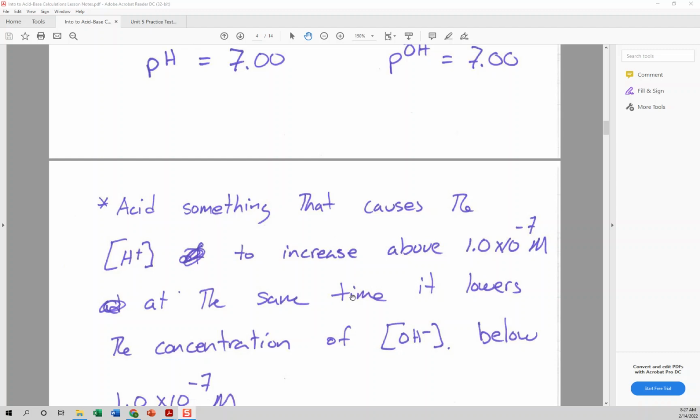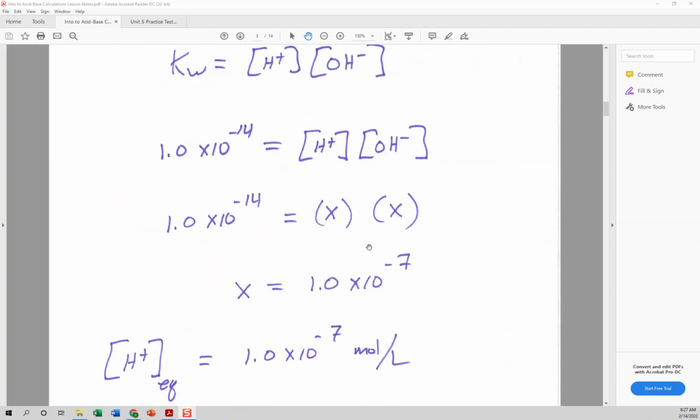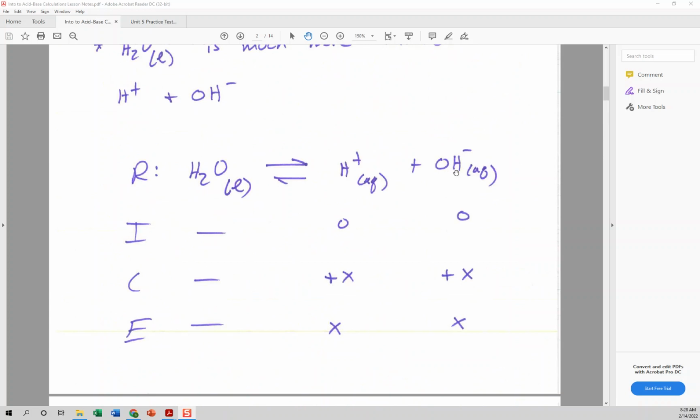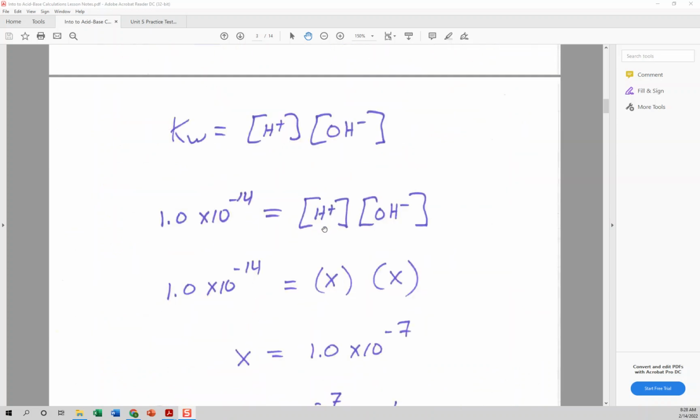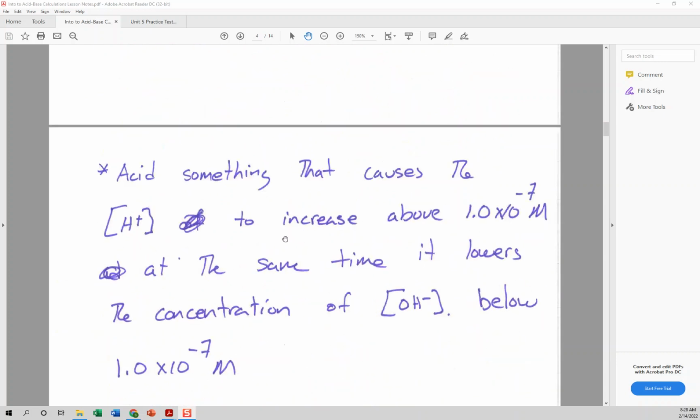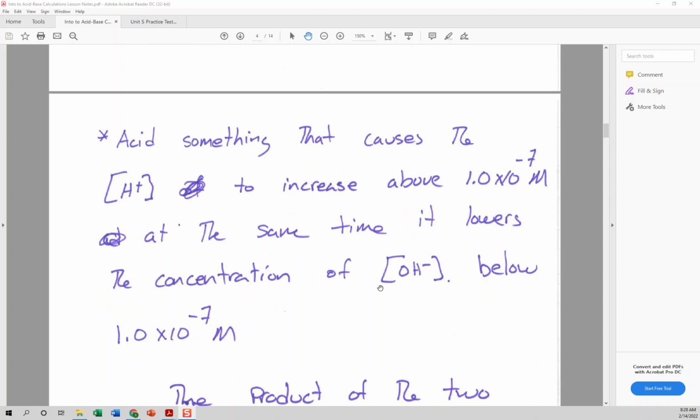But understand, in pure water, this reaction always has to reach an equilibrium. So now we have to think about an acid as something that causes the H plus concentration to increase, but at the same time, it's causing the OH minus concentration to decrease. And increase or decrease around what?